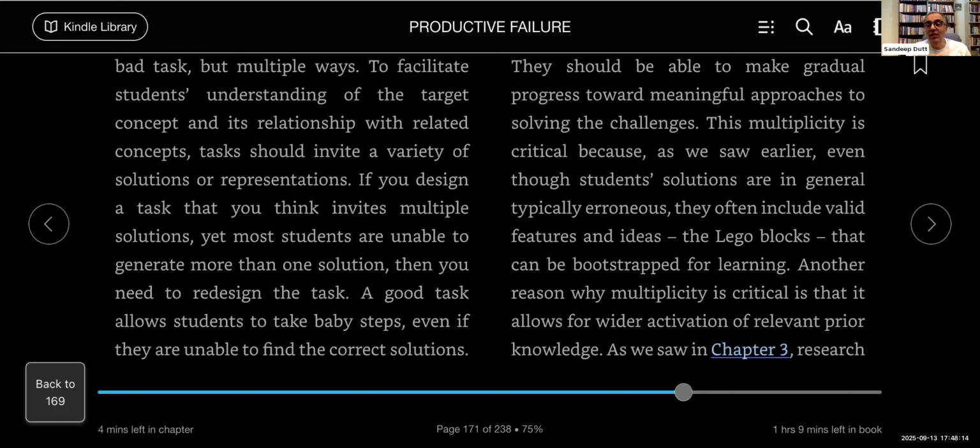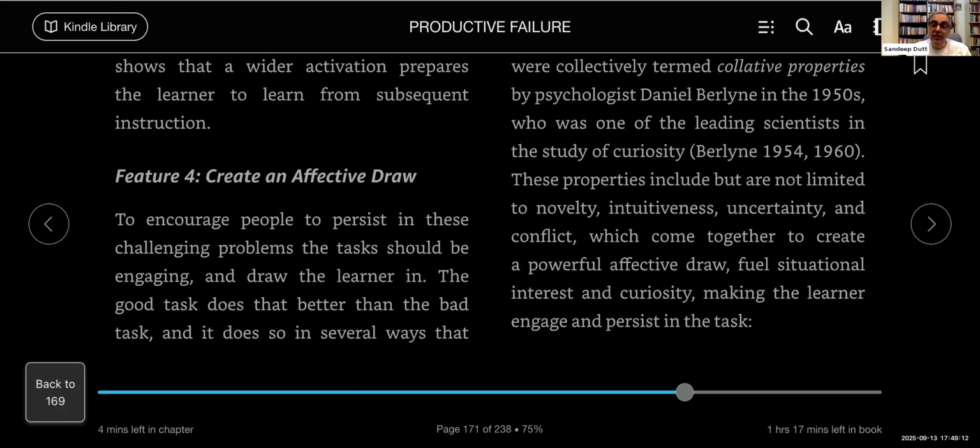These properties include, but are not limited to, novelty, intuitiveness, uncertainty, and conflict, which come together to create a powerful active draw. They fuel situational interest and curiosity, making the learner engaged and persist in the task. Novelty.